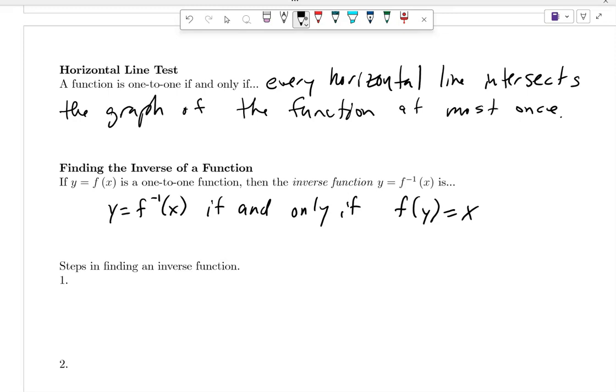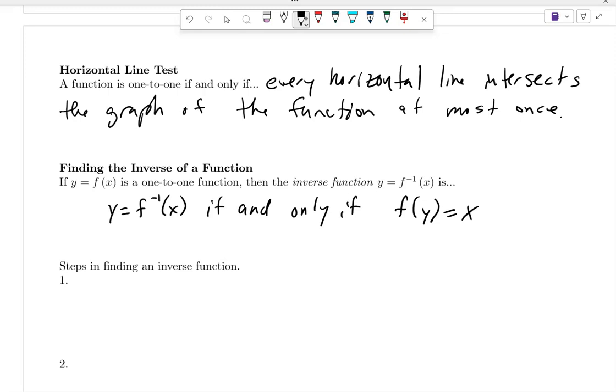But notice what it's trying to do. This input here into my inverse function is the output for the original function, and vice versa. The output for the inverse is the input for the original.